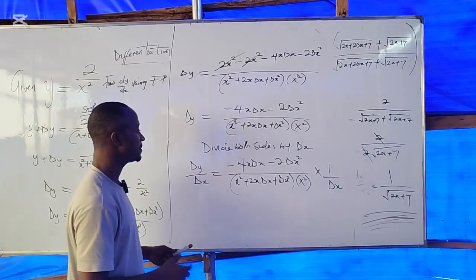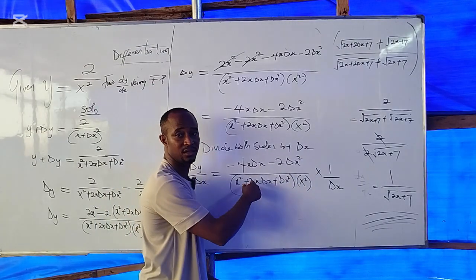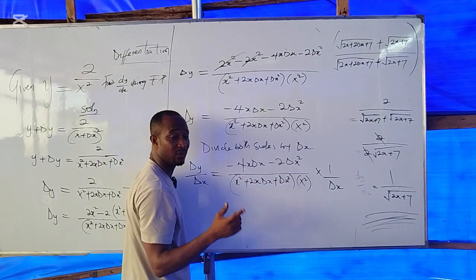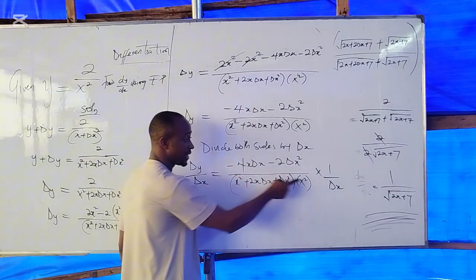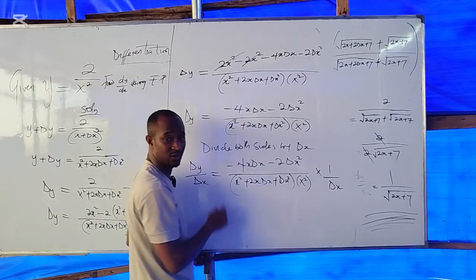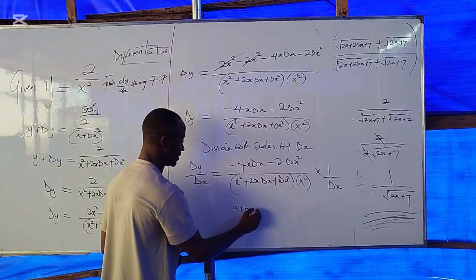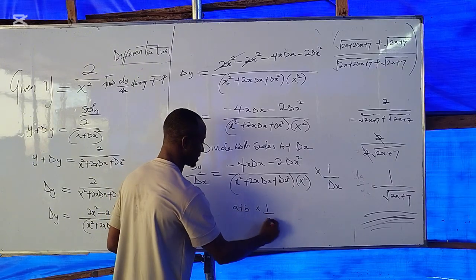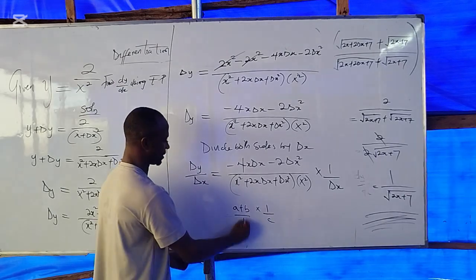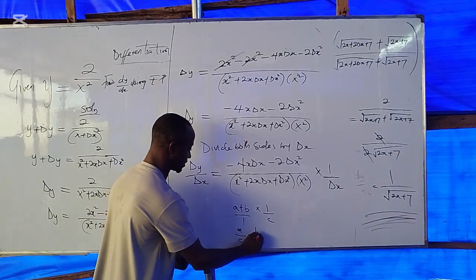Okay. Now look at this. If I'm multiplying the whole of this with 1 over delta x, what will happen here? One of these will cancel one of these, Abi. This will also cancel one of these. Do you agree with me? In mathematics, if I have a plus b times 1 over c, this implies a over c plus b over c.